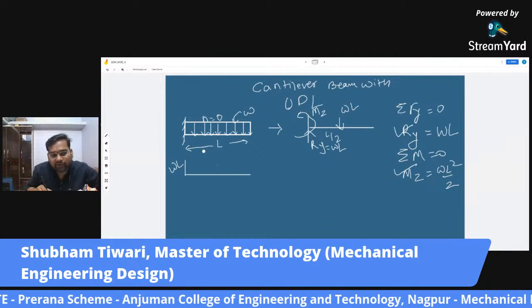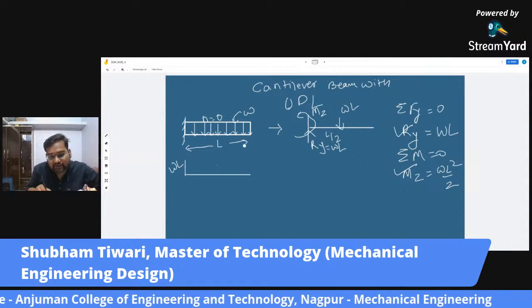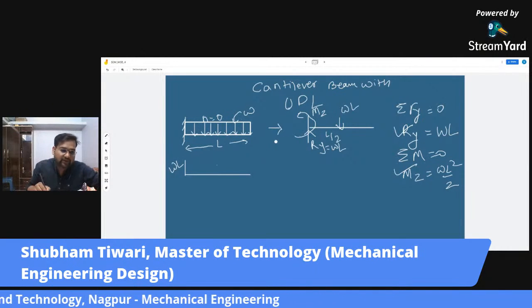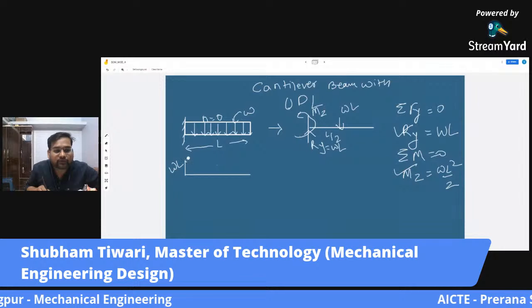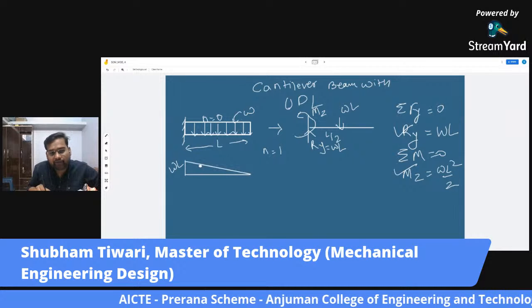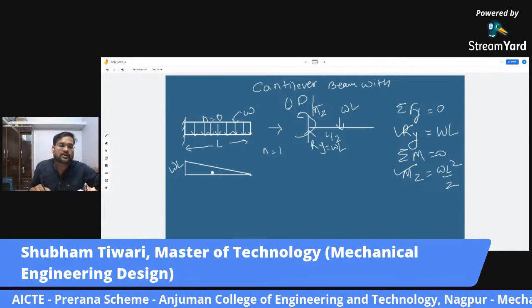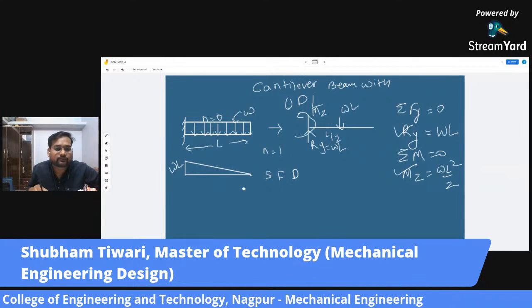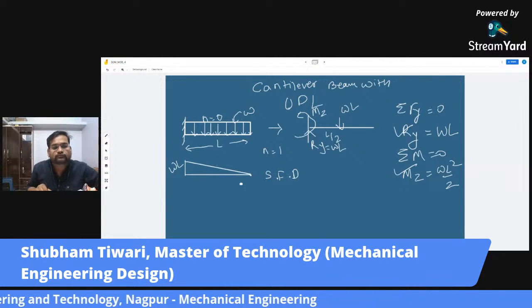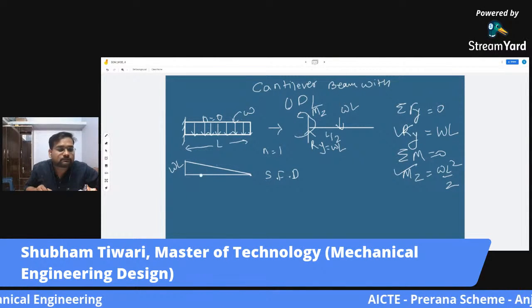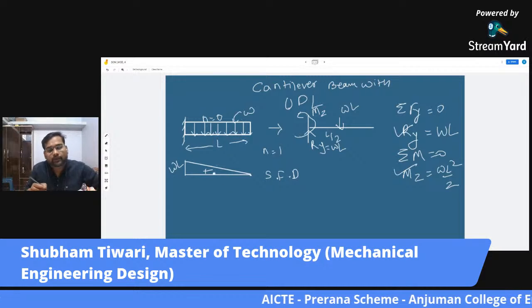And now what will happen? The shear force, it is a rectangle. No, it has to become a triangle now, because the degree will increase by 1 and will be equal to 1. So now it will go on decreasing. So this is how the shear force diagram looks like. Yes, it is in the positive contour.